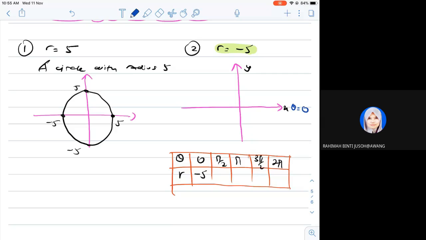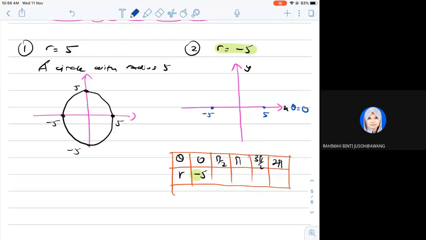Theta equals 0, so it should be somewhere here. However, since the radius is negative, instead of having the point here, because the radius is negative, we have to reflect. So when we reflect, it sits here. Negative 5.